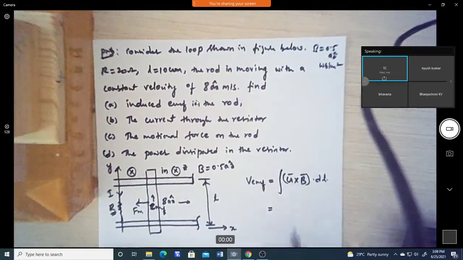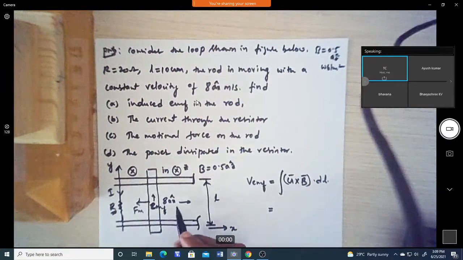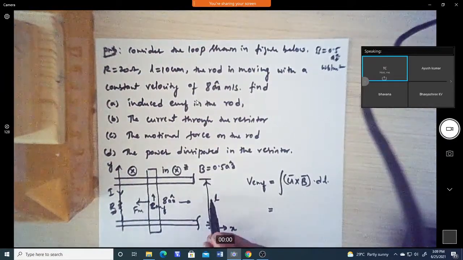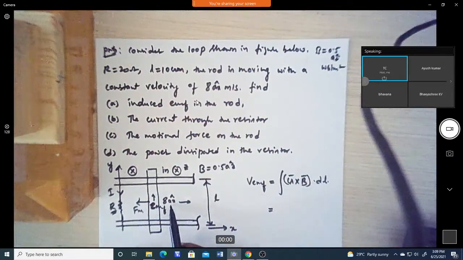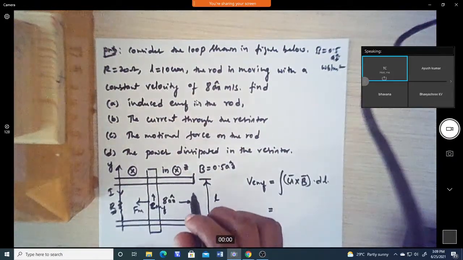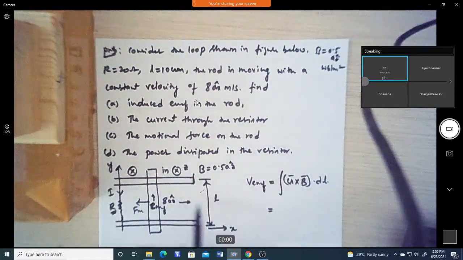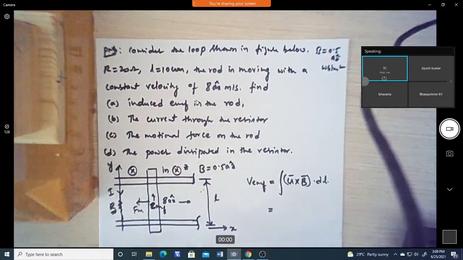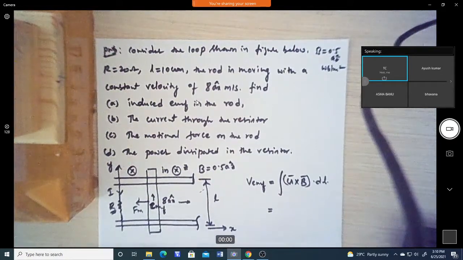The cross product of two vectors is the magnitude of the two vectors times the sine of the angle between them. The rod is moving in the X direction with velocity U equal to 8 aX, and B is in the Z direction, perpendicular to the motion of the rod. So theta, the angle between B and U, is 90 degrees, and sine theta becomes 1.